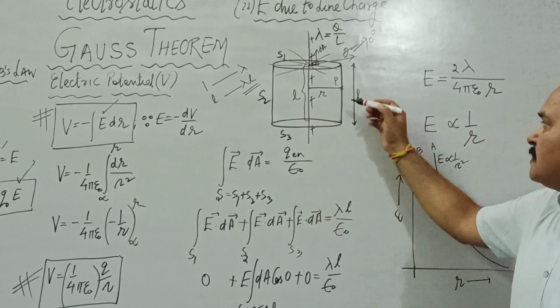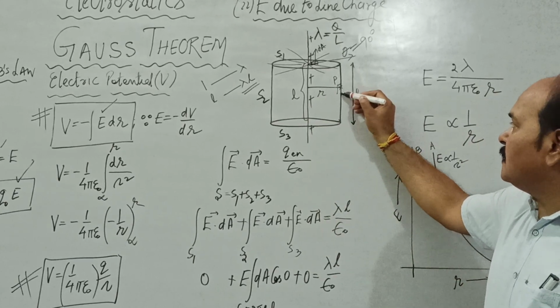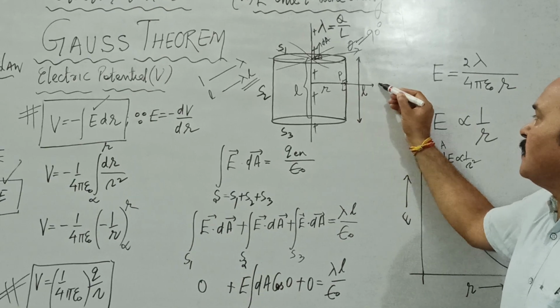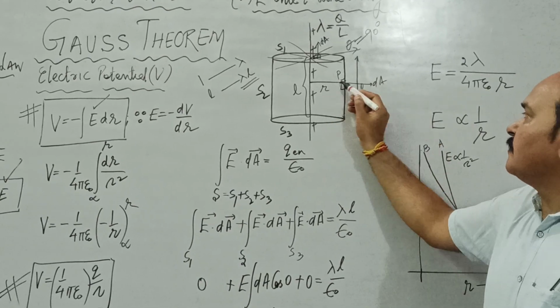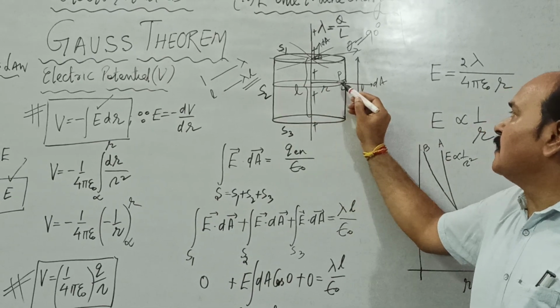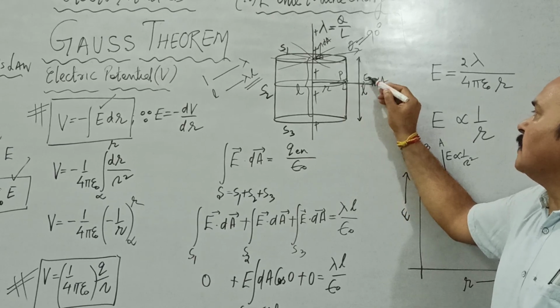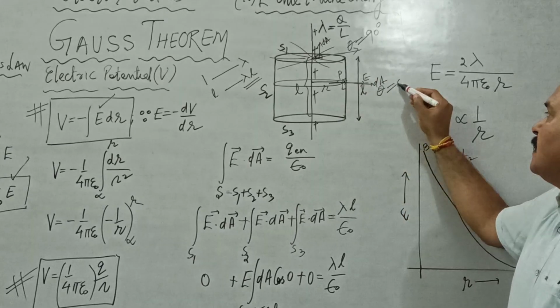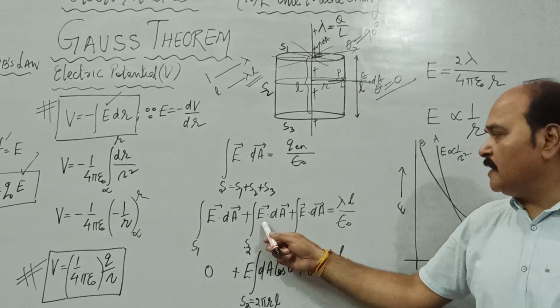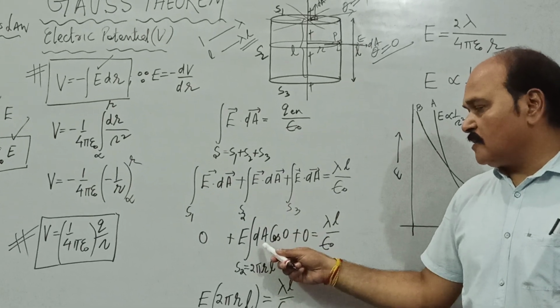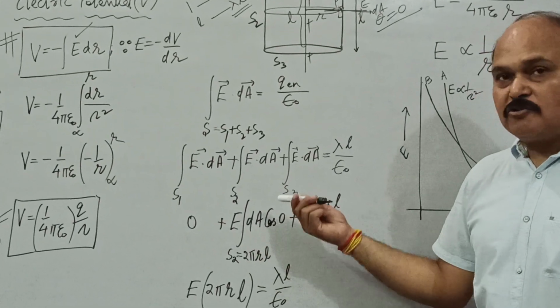For the curved surface, if we take a very small area here, the direction of this area is radially outward, and the direction of the electric field is of course radially outward, that we know already. So for the curved surface, the angle between E and dA is 0. E dA cos 0, and cos 0 is 1.